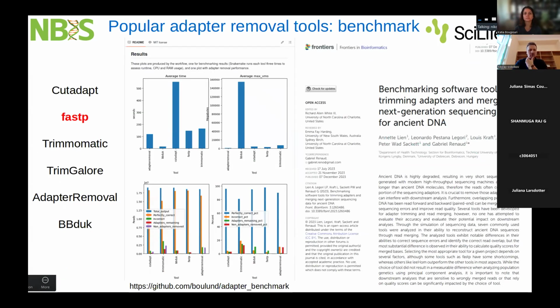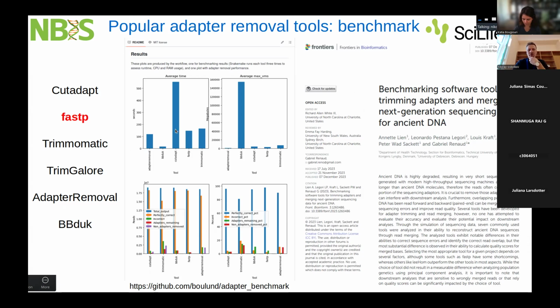Otherwise, there are different tools developed for adapter removal, and I think I worked with all of them more or less. There are benchmarking papers comparing all of them. I would recommend this paper from Gabriel Renaud, one of the latest ones.